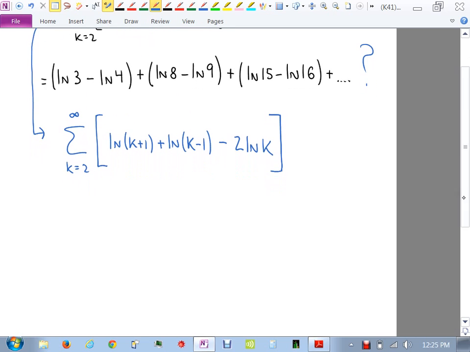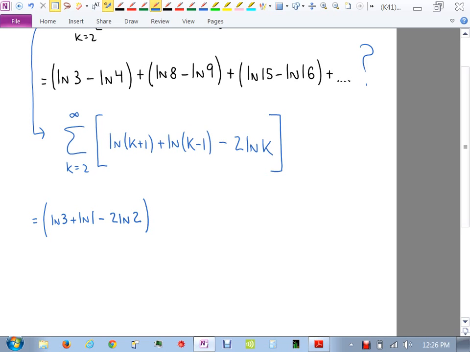Now let's try again. What would you get? A couple of these terms. Plug in 2. You get natural log 3 plus natural log 1 minus 2 natural log 2.